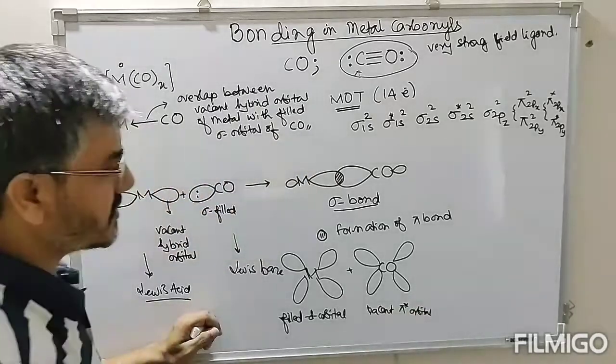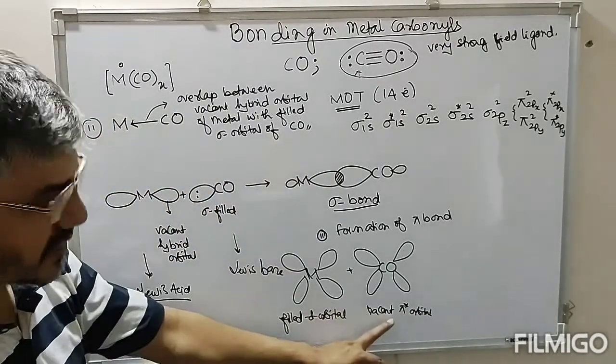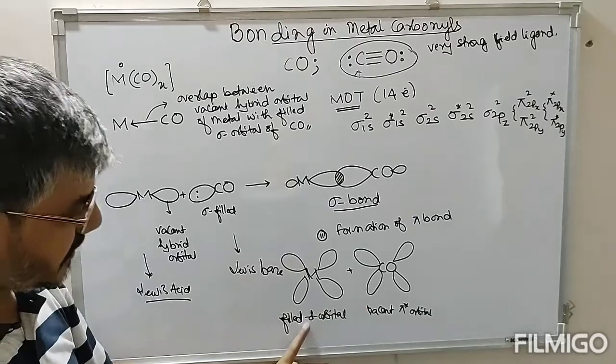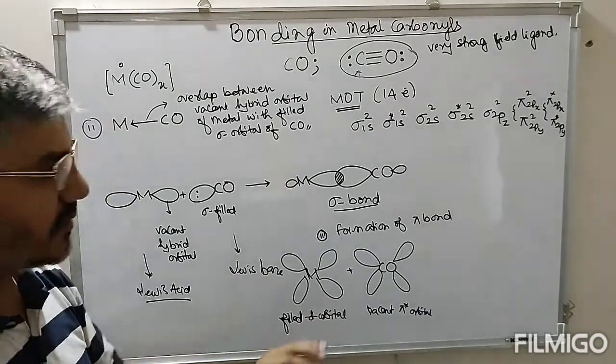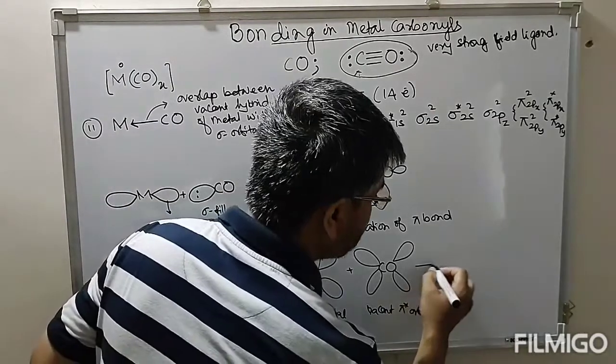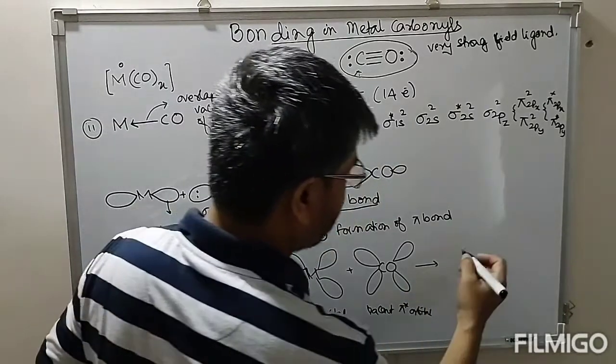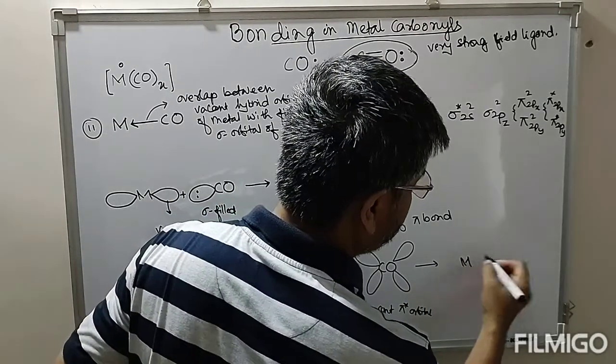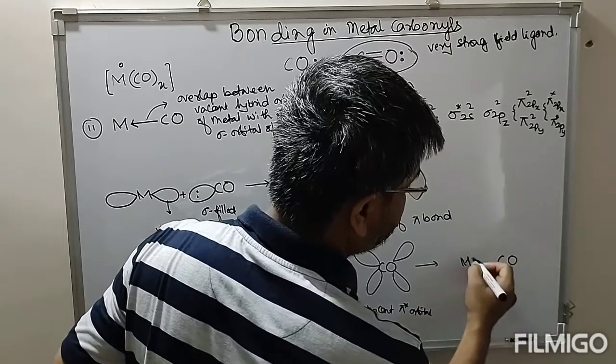So the vacant pi star orbitals of the ligand overlap with the filled d orbitals of the metal. This results in the formation of a pi bond.